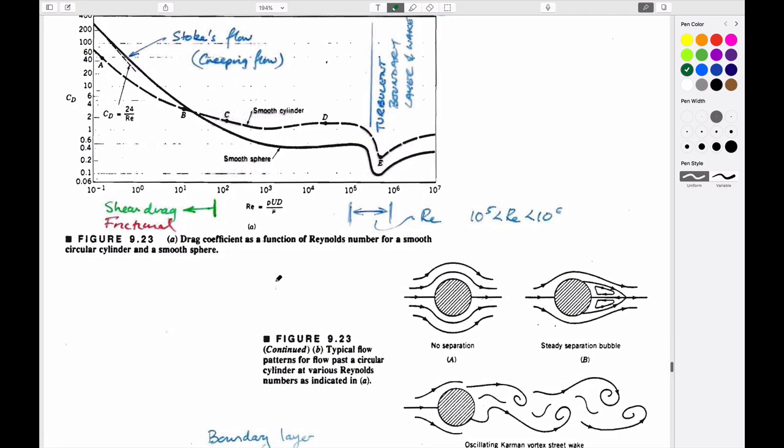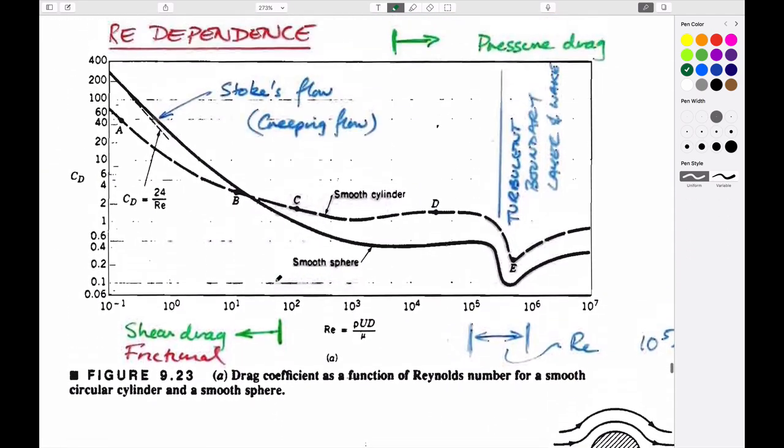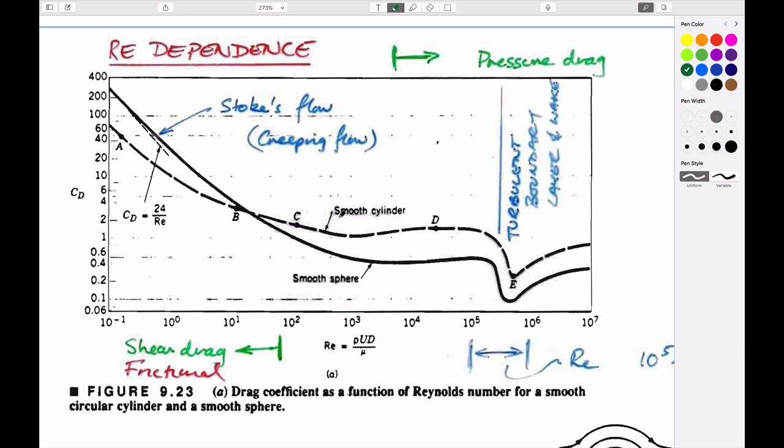So this is the relationship for either a cylinder going through air or a sphere going through air relative to Reynolds number and the drag that's applied on this.